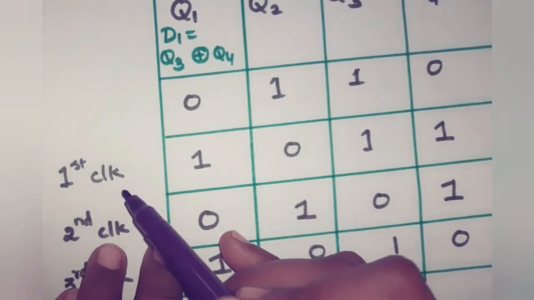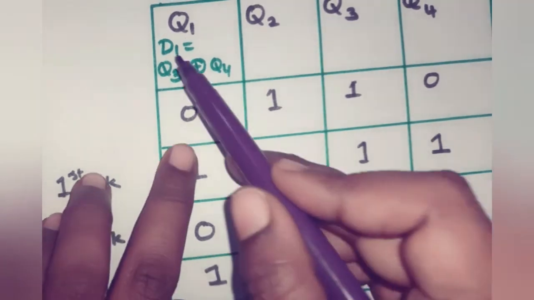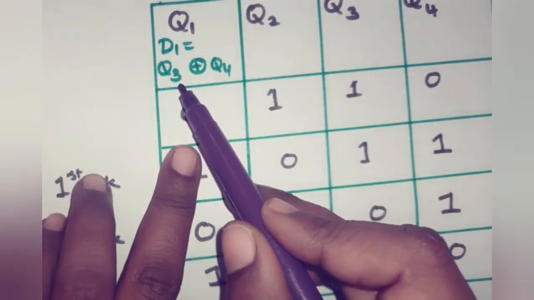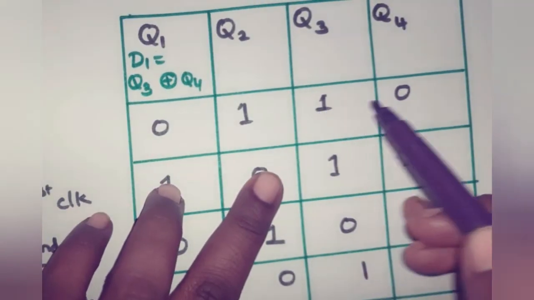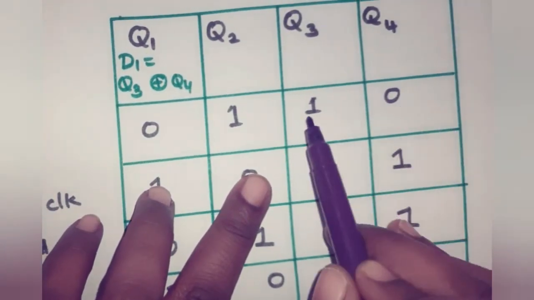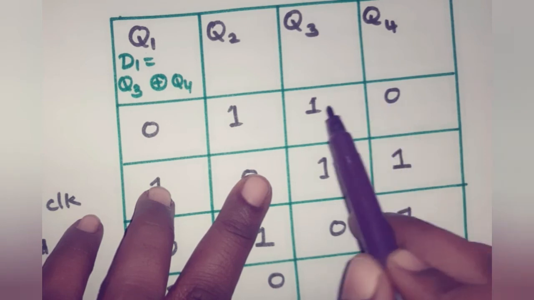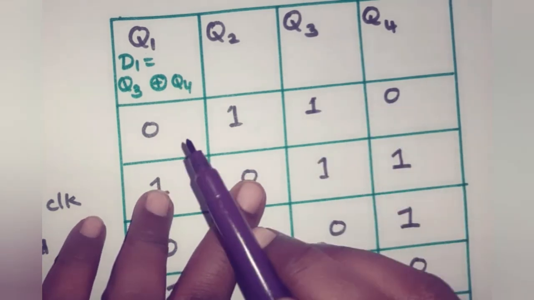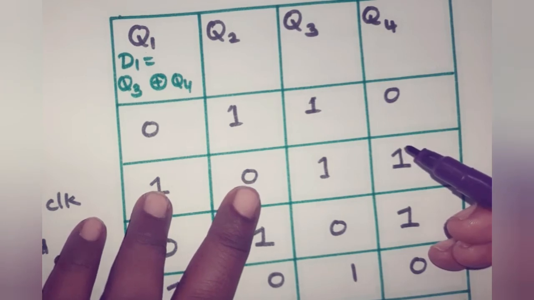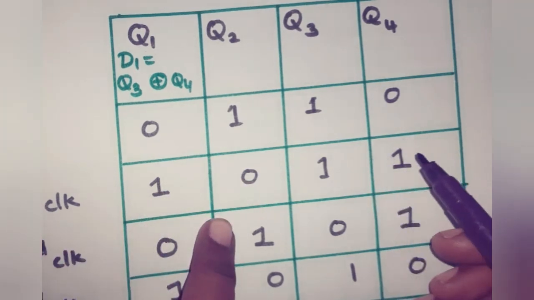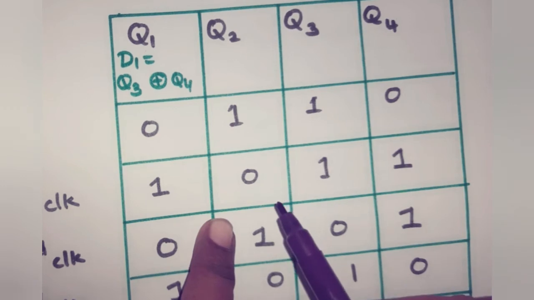During the first clock pulse, D1 is equal to Q3 exclusive NOR Q4. Here Q3 is 1, Q4 is 0. Exclusive NOR of 1, 0 is 1. Because when both the inputs are different, the output is 1. When both the inputs are the same, the output is 0 in this gate.